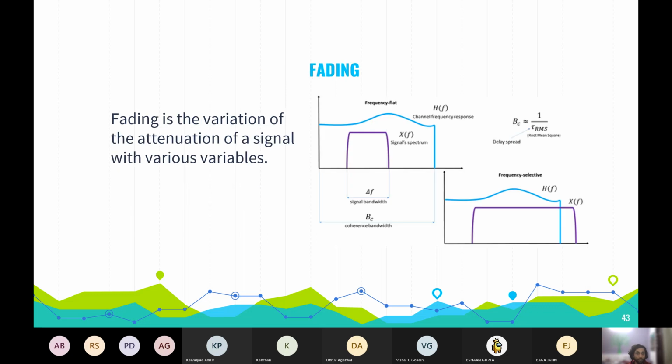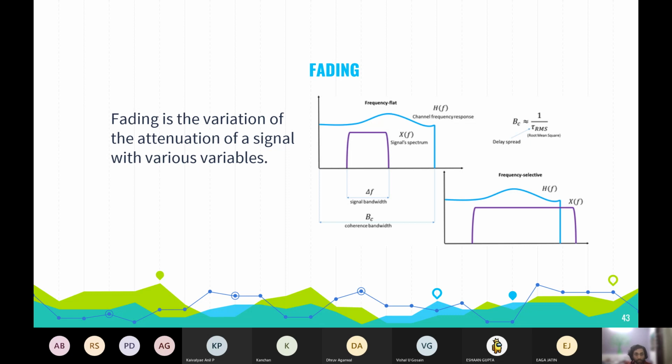So let's start with fading. Fading is basically when the signal travels through a medium, it loses some energy. Each medium, or channel, has a characteristic. This H(f) that we are seeing is the characteristic of the channel. It tells how much it will allow.